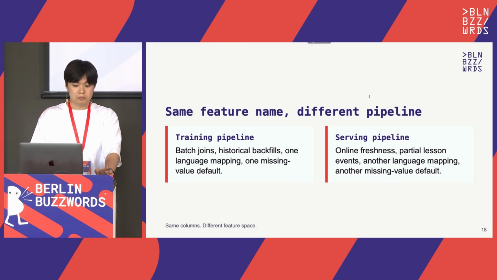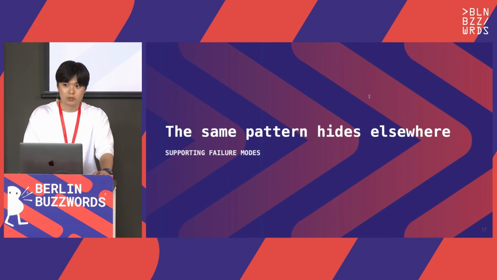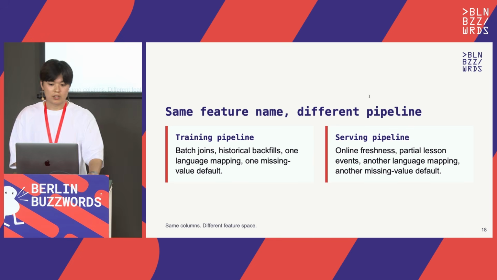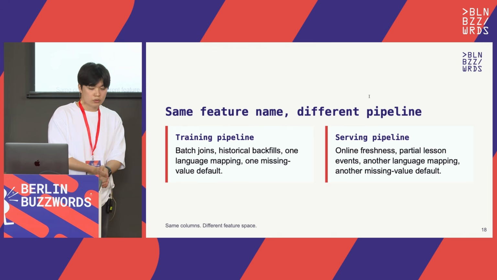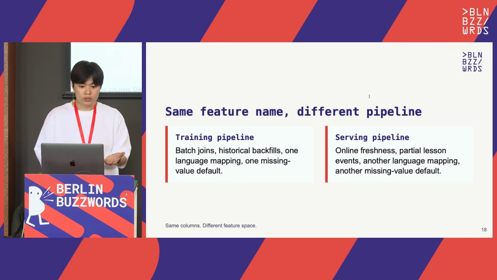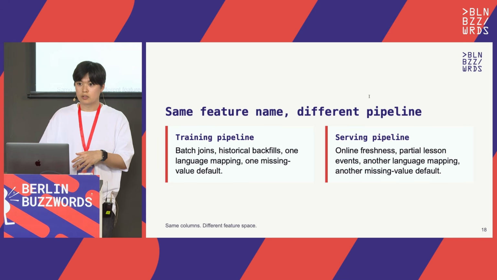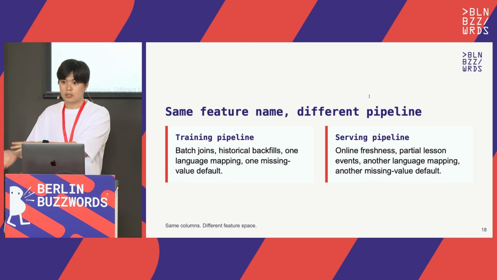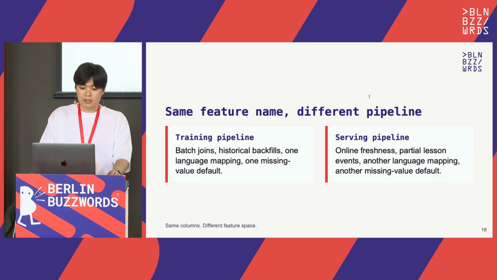We were just lucky not to have them during that case, but in other projects I had several times that we had prepared the training pipeline with the pre-processing of our raw features, with some bad joins, historical bug fixes, and missing value defaults. And the serving pipeline, on the other hand, did the same job.